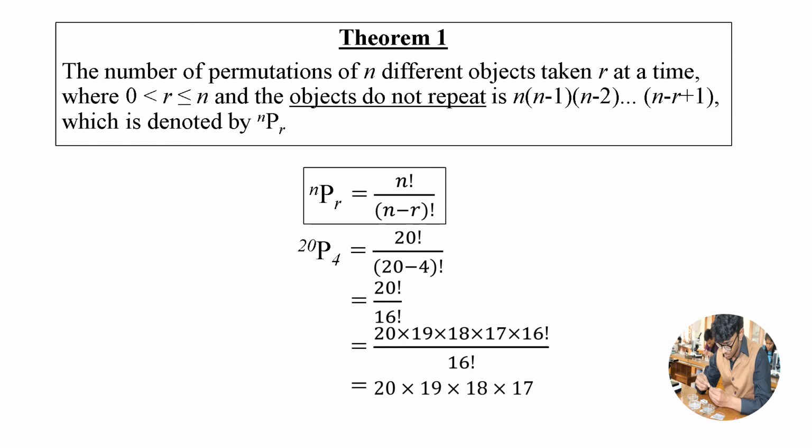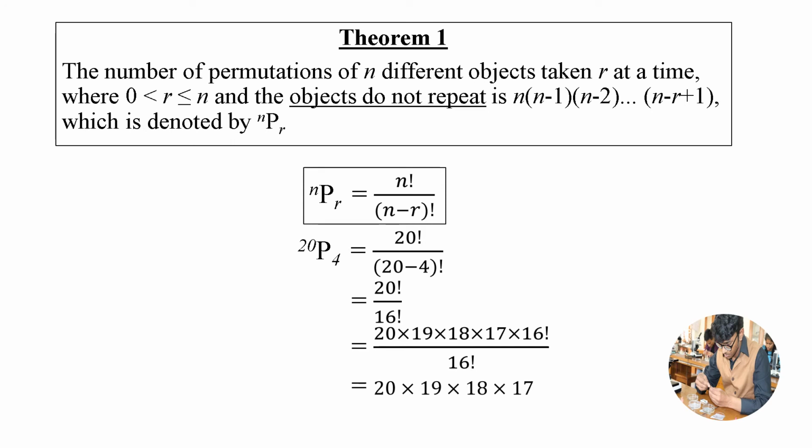It says that the number of permutations of n different objects when taken r at a time, where 0 is less than r, or less than or equal to n, and the objects do not repeat, which means that each of your blocks is going to have its own identity and they will not be similar, is given by n into n minus 1 into n minus 2 up to n minus r plus 1. This can be represented by the formula n factorial upon n minus r factorial.